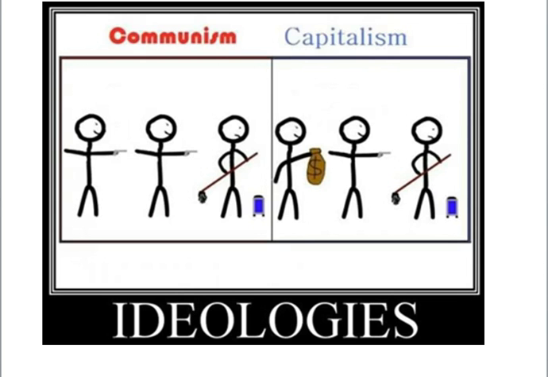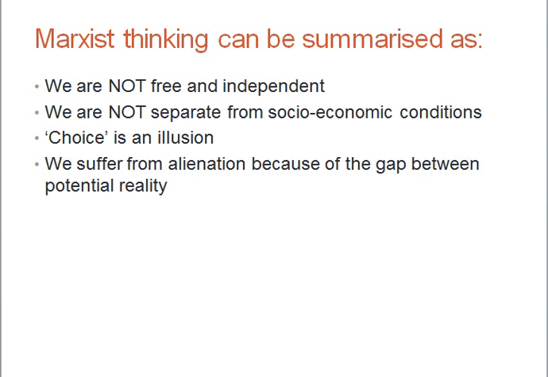So you can have a look at a little bit of the ideologies of communism and capitalism and see what your take is on that. Now, Marxist thinking, as and when we apply it to literary texts, can be summarised as the things that are on the screen at the moment.